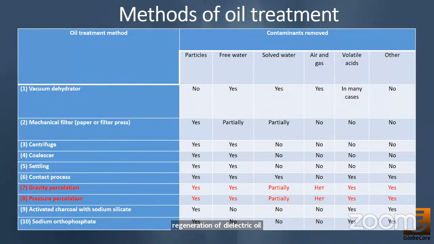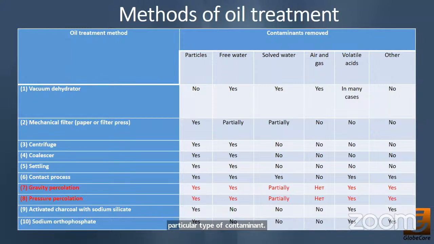This is a table that presents the various methods of regenerating dielectric oil and its capabilities. This is one of my favorite tables, as basically if we have an oil analysis and want to know what process I should go through to get the oil improved for a particular type of contaminant, we can look at this table.